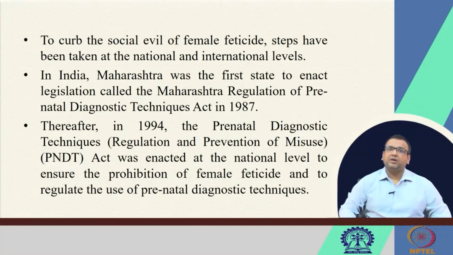Thereafter, in 1994, the Prenatal Diagnostic Techniques Regulation and Prevention of Misuse (PNDT) Act was enacted at the national level to ensure the prohibition of female feticide and to regulate the use of prenatal diagnostic techniques properly, where it is really required, like determining abnormalities during pregnancy, but not for female feticide or sex selection.